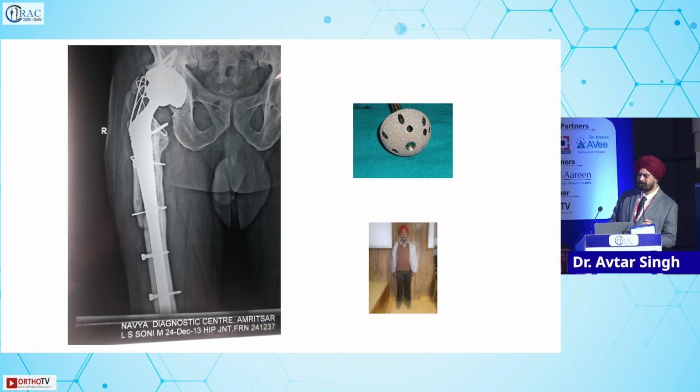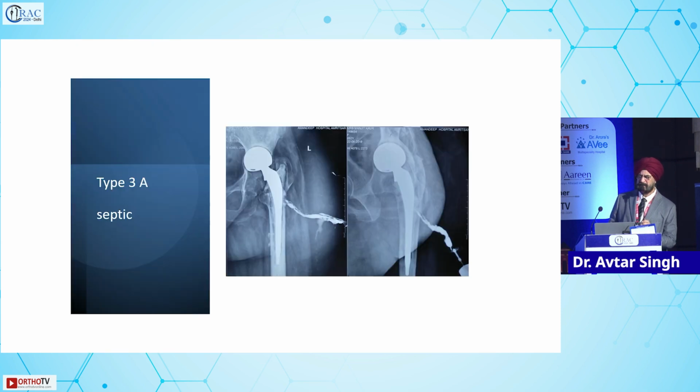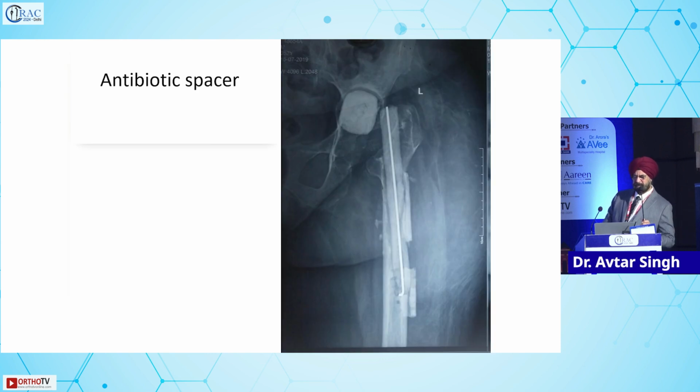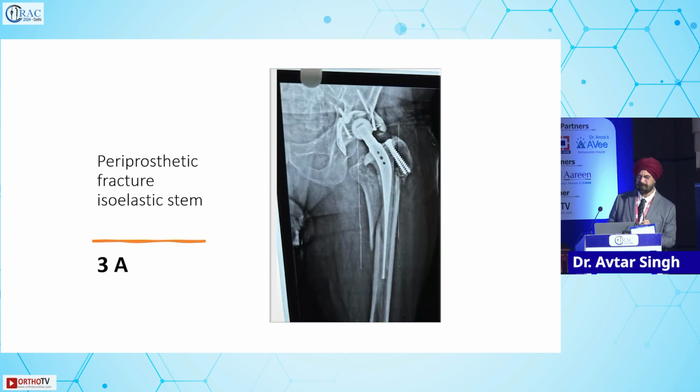And this is 6 years, 7 years follow-up. Subsided modular stem revised with a long stem. Infected situation, two-stage revision. I didn't do ETO in this patient. I just did a window and then a modular stem, and I had to reconstruct the acetabulum also using cup and cage.